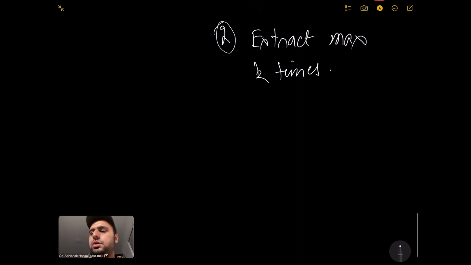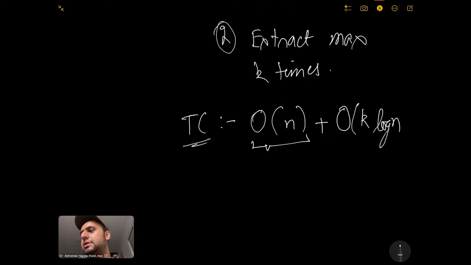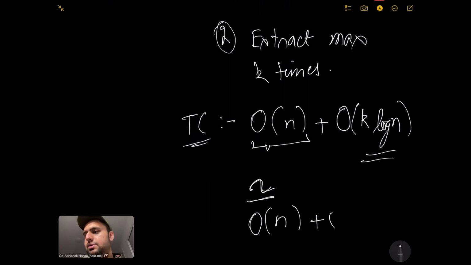So the overall time complexity is going to be order of n for making the heap, and then I need to do k times extract max. An extract operation is roughly log n. So the time complexity comes out to be roughly order of n plus order of k log n.